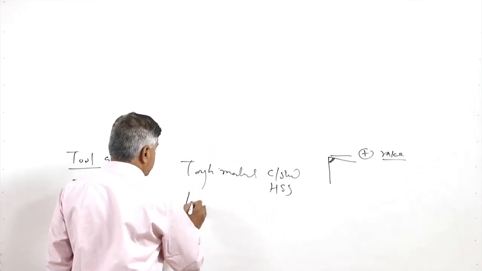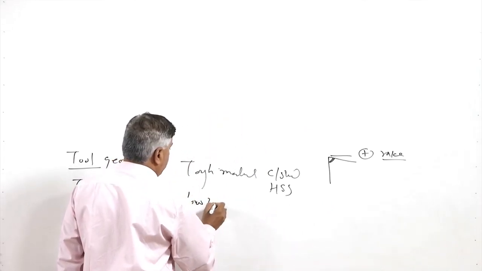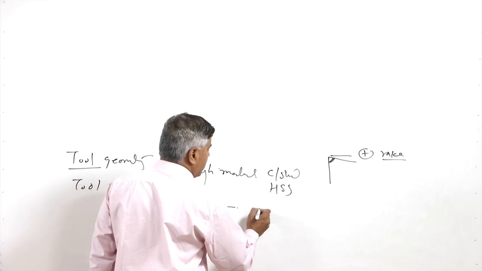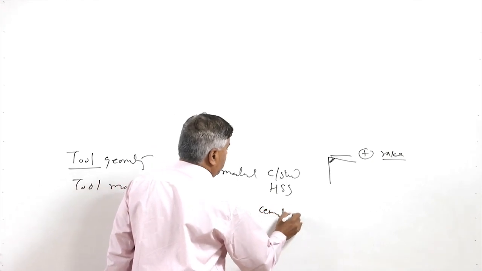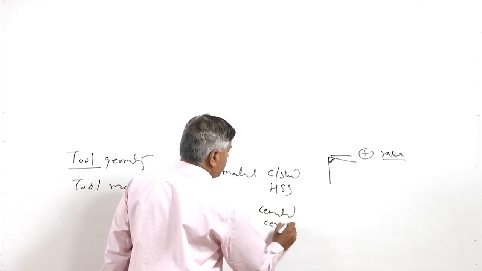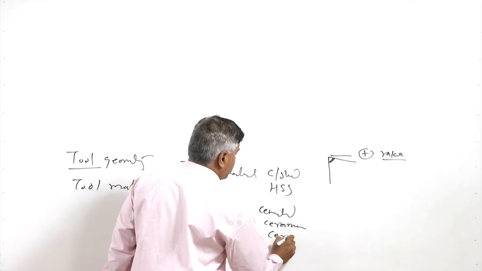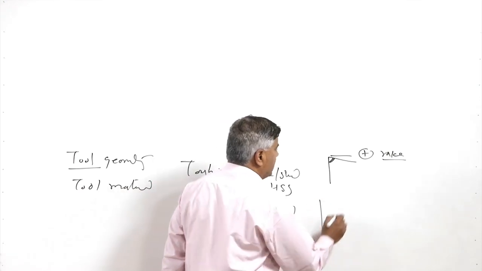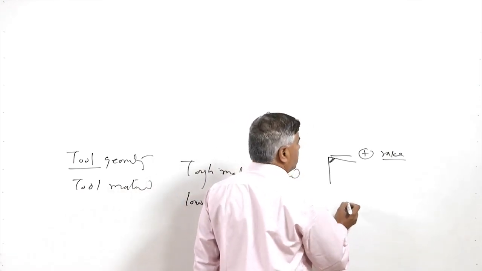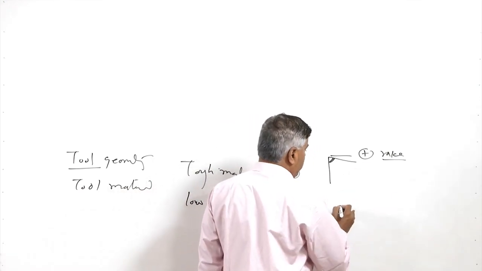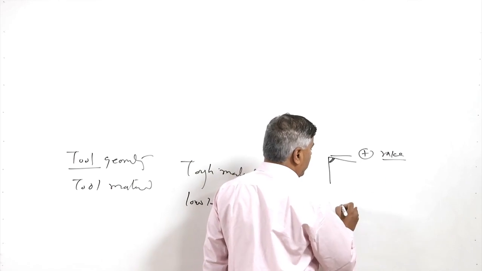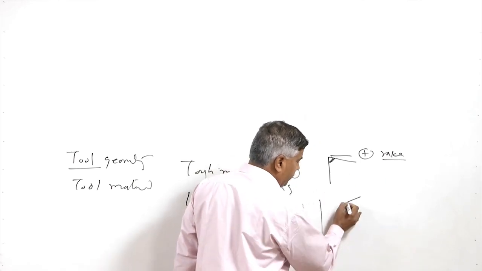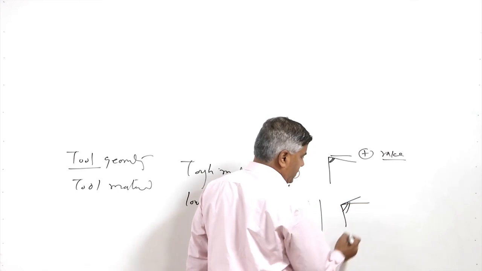But in case of the low toughness materials like cemented carbide, ceramics and cermets, diamond, etc., these are the low toughness materials. So, we need to make the cutting edge stronger by increasing the cross sectional area, and for that purpose negative rake is used.